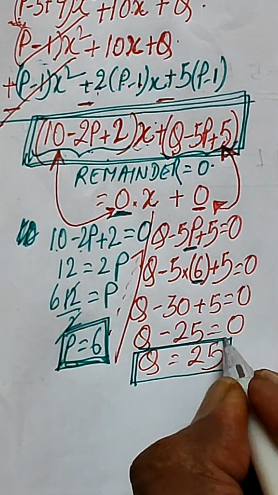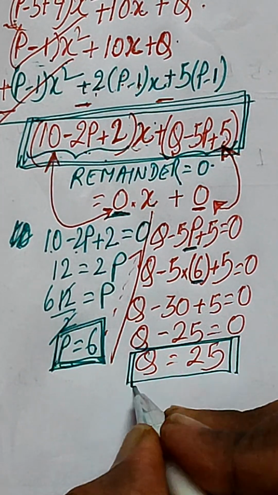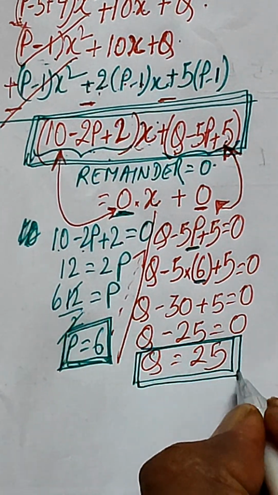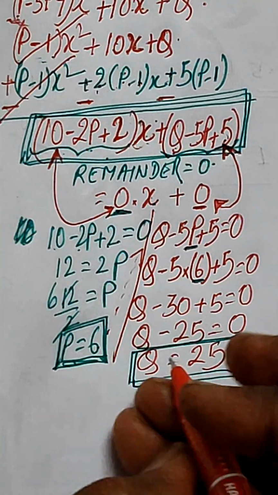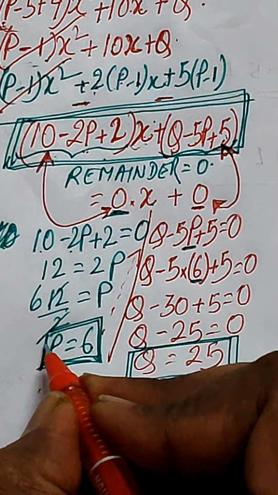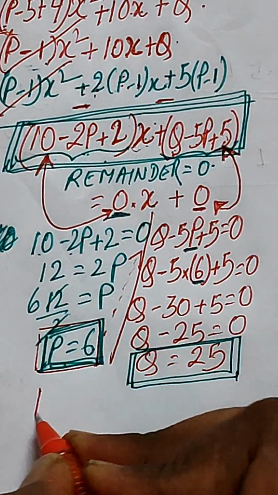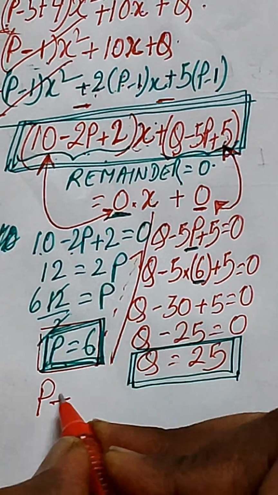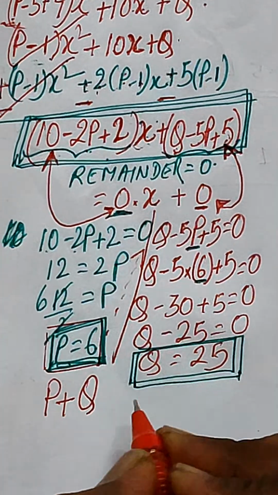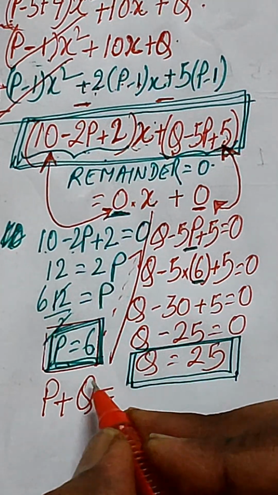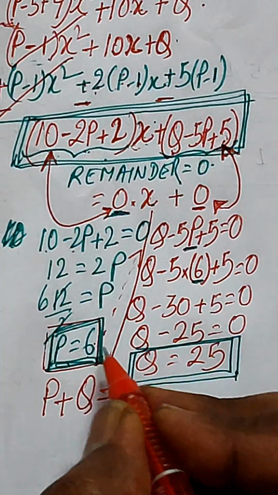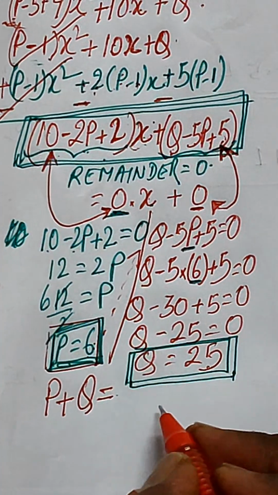Now we are almost at our answer, because what we were asked in the question is the value of P plus Q. So we have calculated P, we have calculated Q, so we can write the value of P plus Q as this 6 plus 25, right?